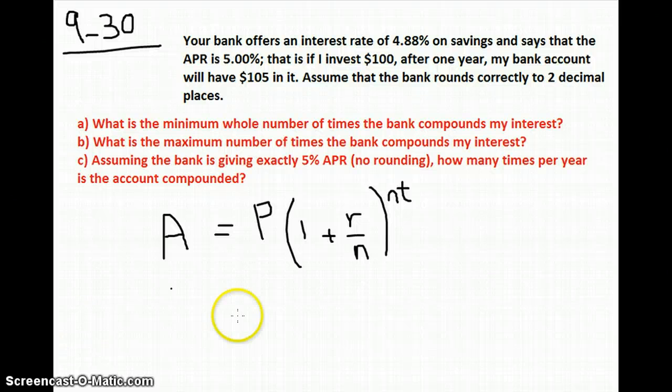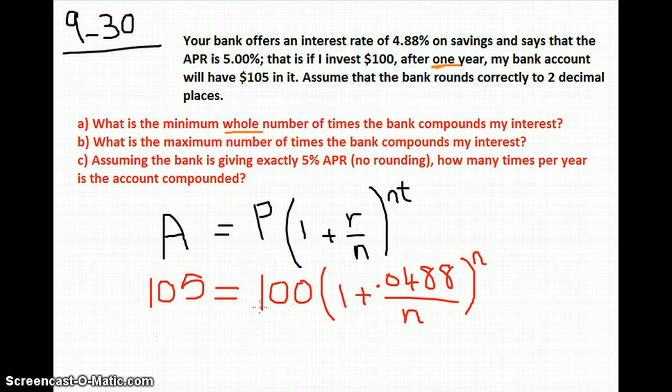Okay. So if we input all of the information correctly in the formula right here, or the equation, you're going to find that the resulting amount that they gave you is 105 and the deposit amount is 100, 1 plus, and the rate, right here I want to explain that they said your bank offers an interest rate of 4.88% on savings and says that the APR is 5.